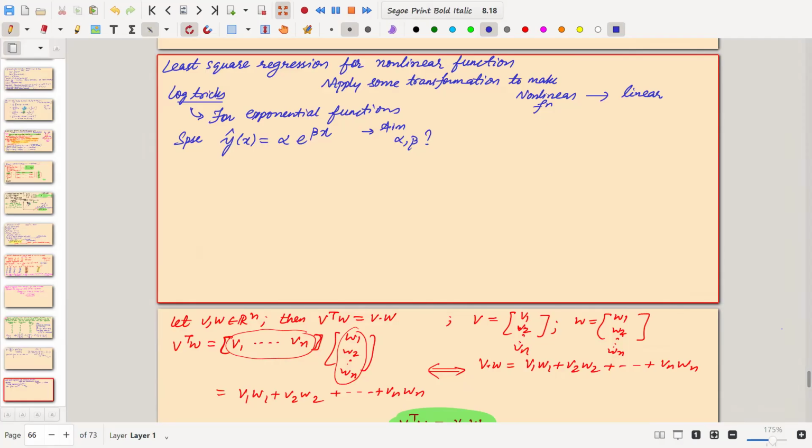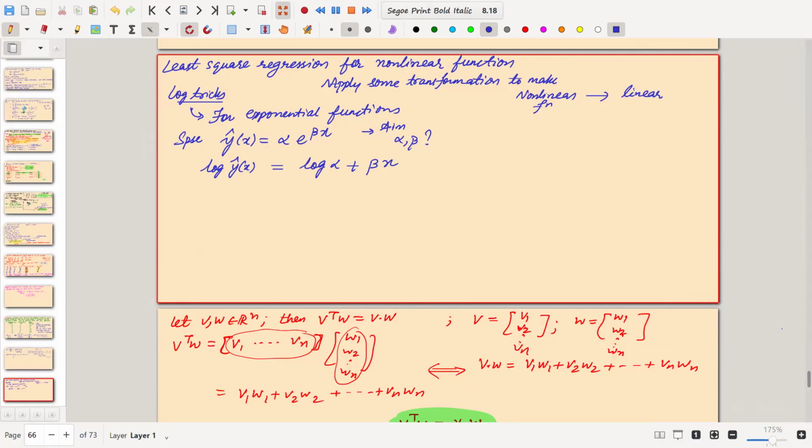So what to do here, in order to still use the least square regression idea, is take log on both sides. If you take log on both sides, log of y hat of x is equal to log alpha plus beta x, isn't it? Don't you agree?